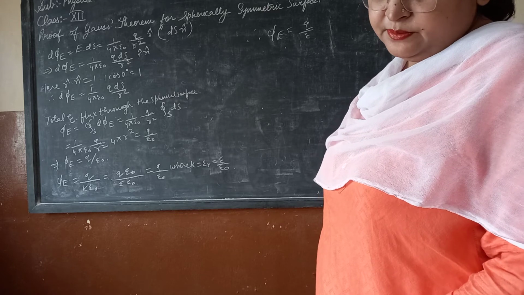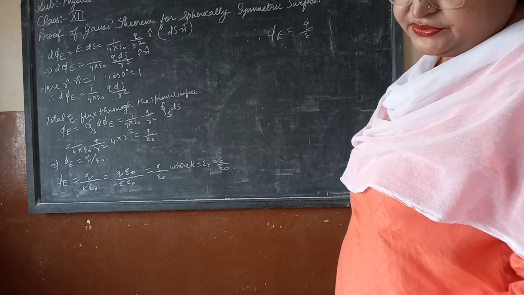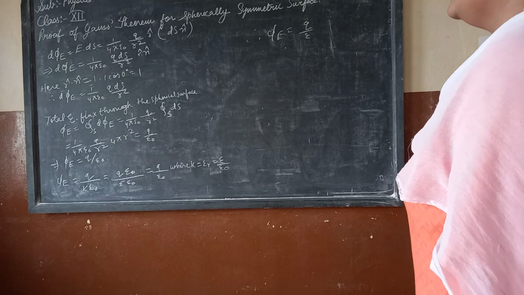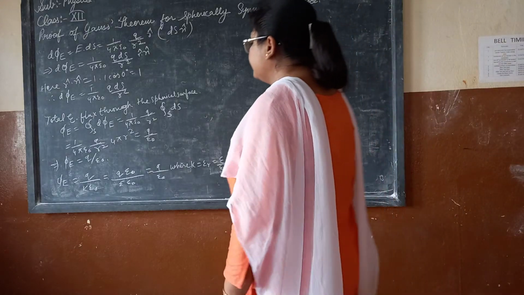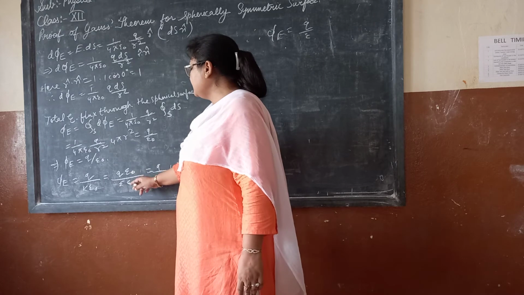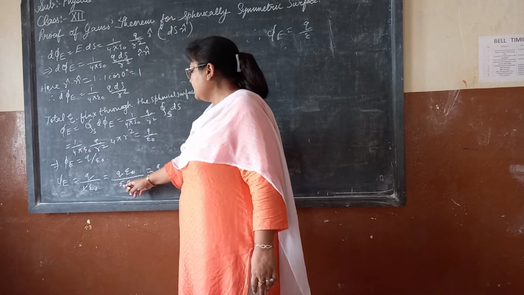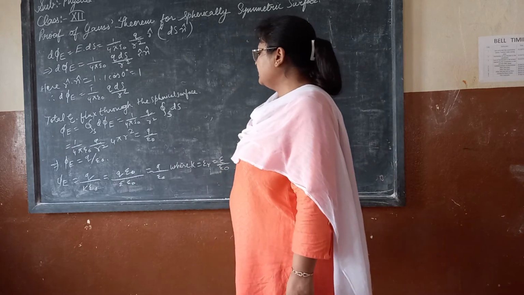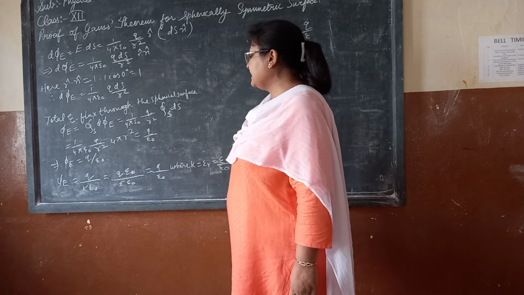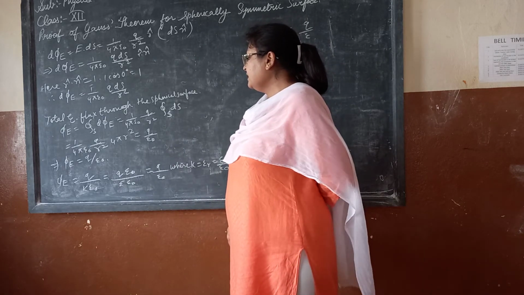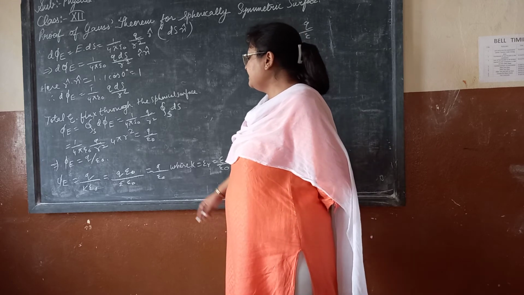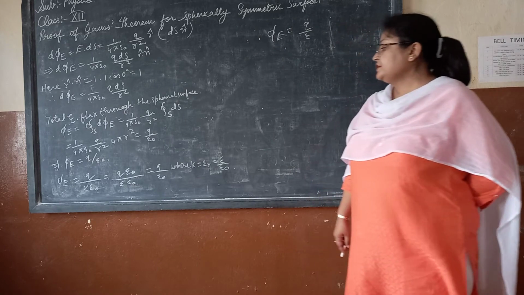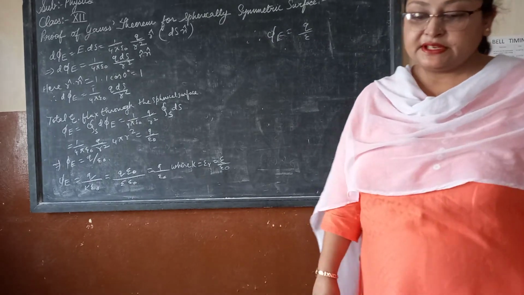If the medium surrounding the charge has a dielectric constant k, then φ equals q upon k epsilon 0, where k equals epsilon r equals epsilon upon epsilon 0.